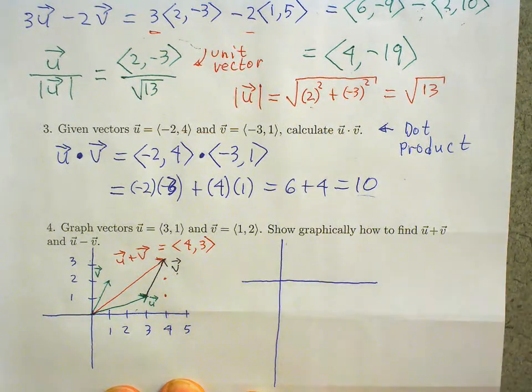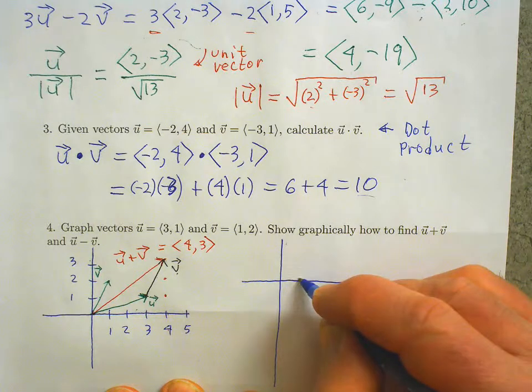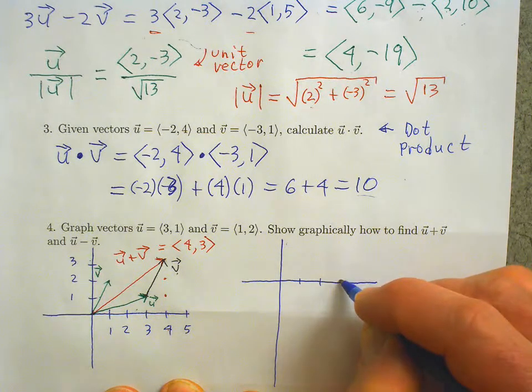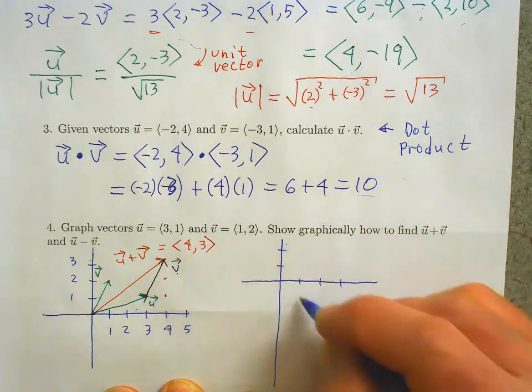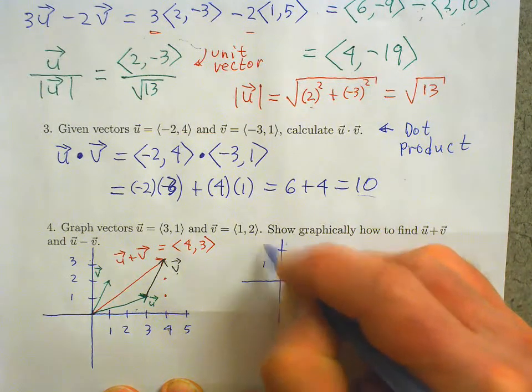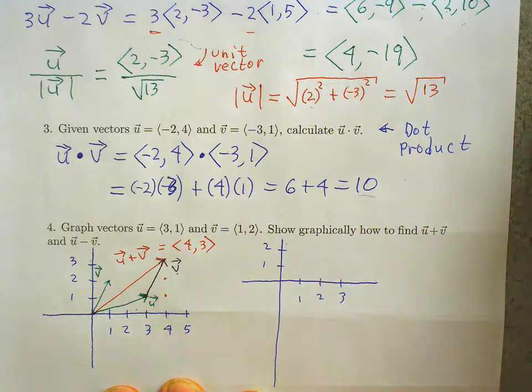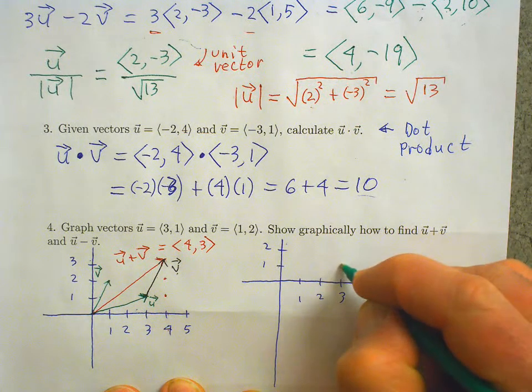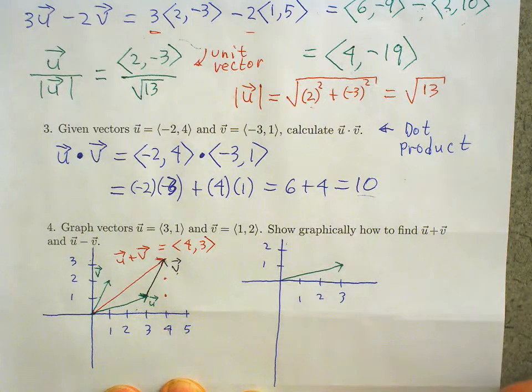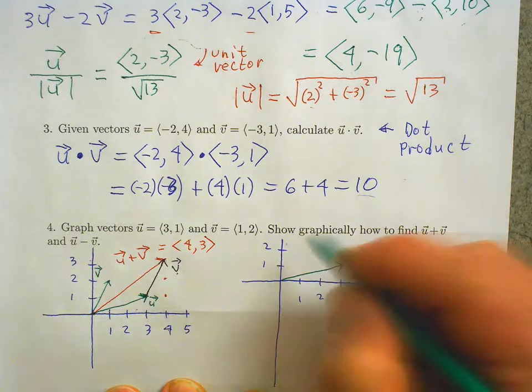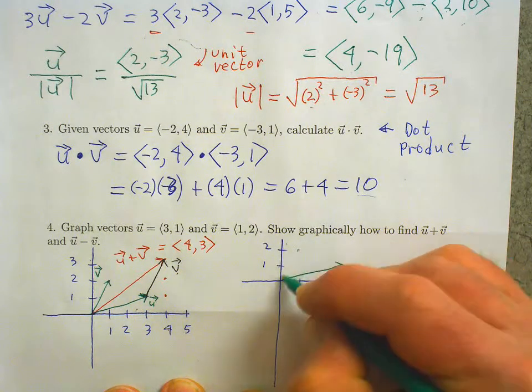So we'll plot vectors u and v again. Vector u, component 3, 1, and vector v, 1, 2.